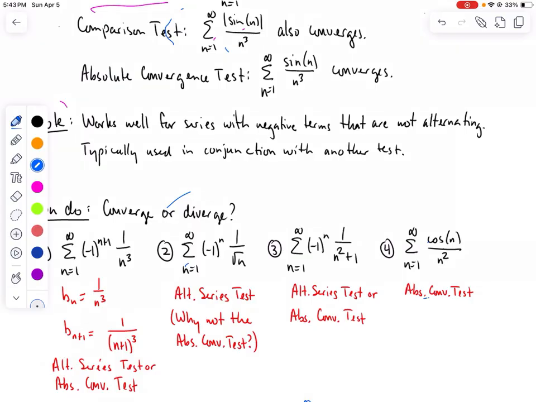The first one is the series summation of -1 to the n plus 1, 1 over n cubed. We can check whether it is convergent or not, and if it is convergent, whether it is absolutely convergent or conditionally convergent.